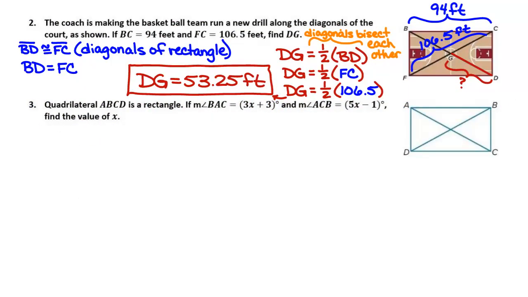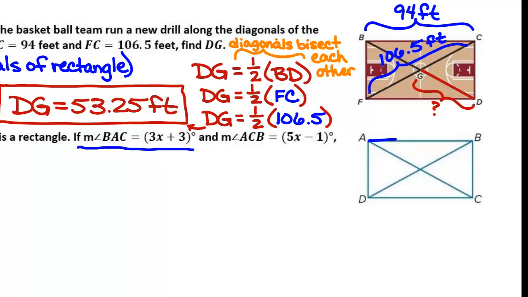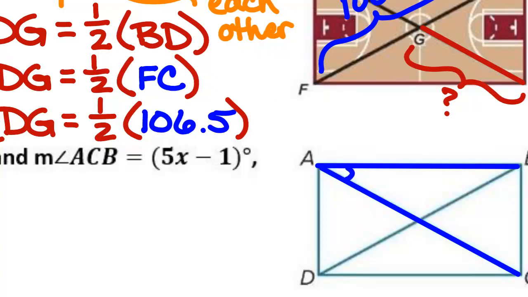All right, I want to look at number 3, and then that'll wrap us up for today. It says quadrilateral ABCD is a rectangle. And then it goes on to tell me that the measurement of angle BAC is 3x plus 3. So BAC, this angle right in here is 3x plus 3 degrees.